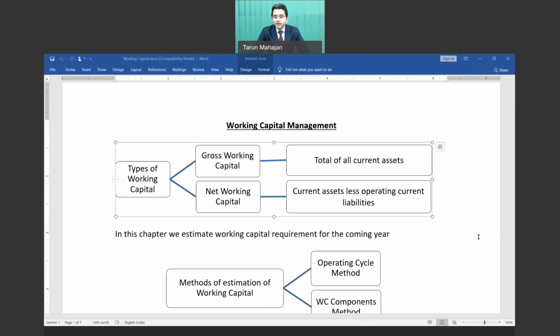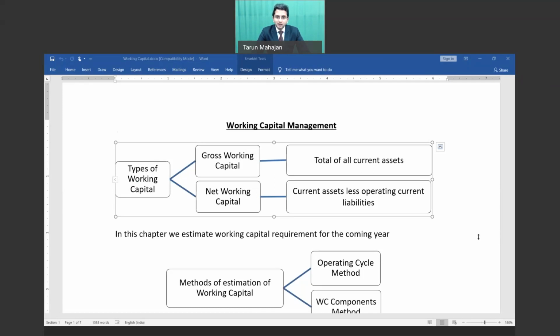In balance sheet, when I say current liability, I may include both operating and financing current liability. And hence in ratio analysis chapter also, when I say current liability, it includes both.